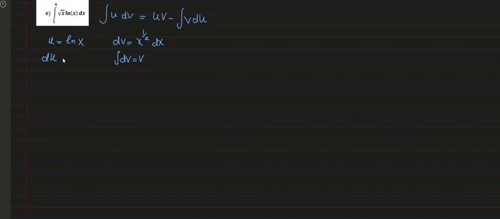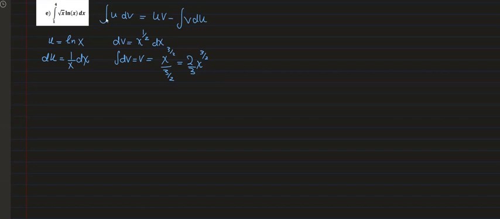So the differentiation of u is 1 over x dx, and the integration of v, this is simply a power rule. The power is not -1, so half plus 1 is 3 over 2, over 3 over 2, or we can write it 2 over 3 directly, because 1 over 3 over 2 is 2 over 3, right?